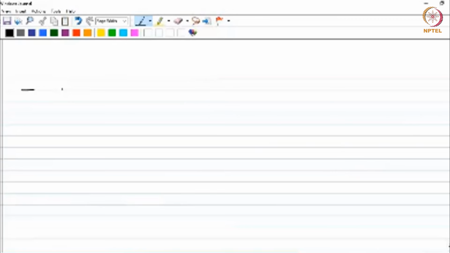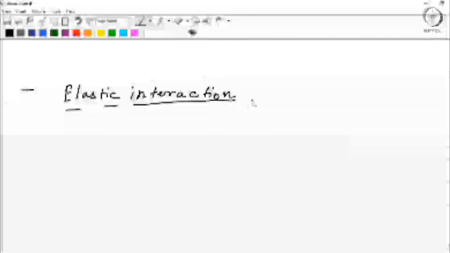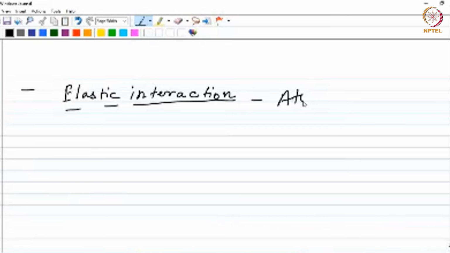Compressive field of the dislocation attracting the tensile field of the solute and vice versa. So this is one thing that is definitely going to happen because, as I said, the solute atoms will introduce some kind of strain field into the lattice. And this basically arises due to the atomic size difference that we already talked about.